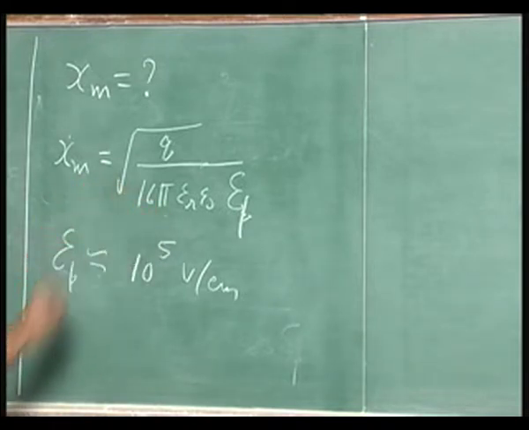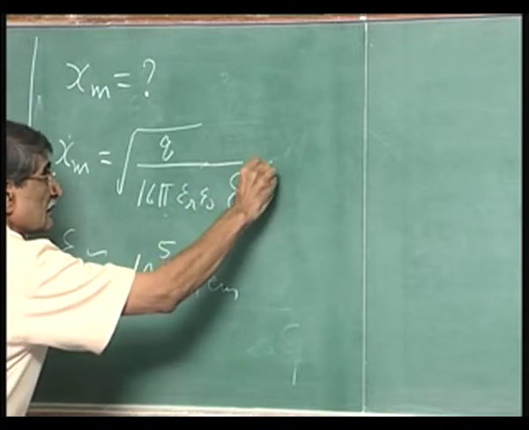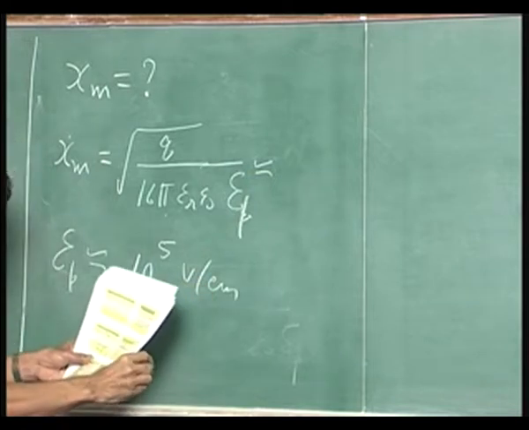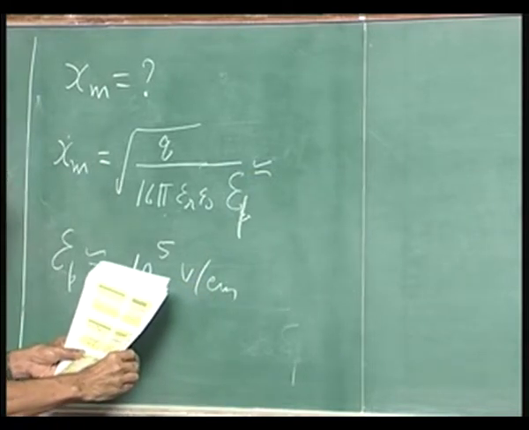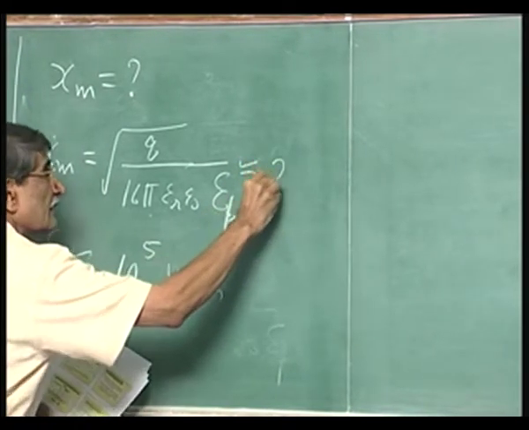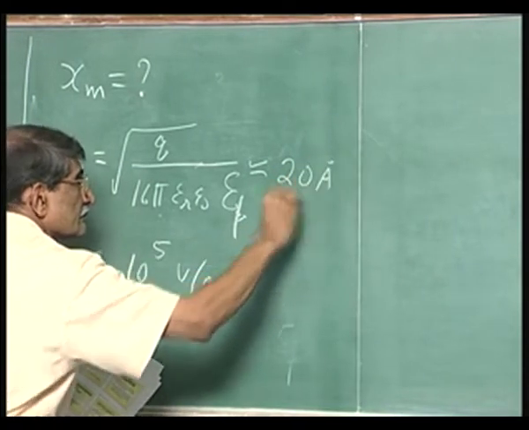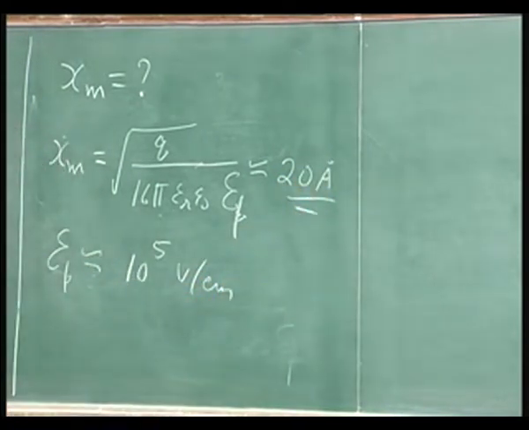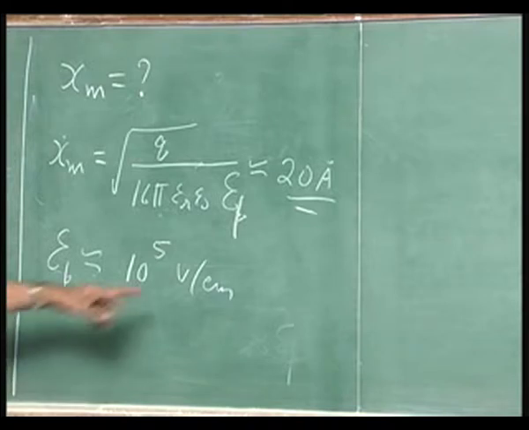You substitute into this with epsilon r taken as 12.8, epsilon 0 as 8.84, etc. This is approximately about 20 angstroms. You can just plug in and see the numbers. This is about 20 angstroms, 2 nanometers.